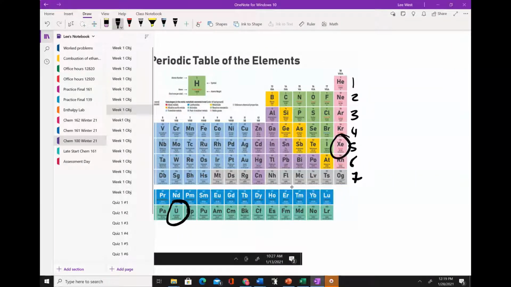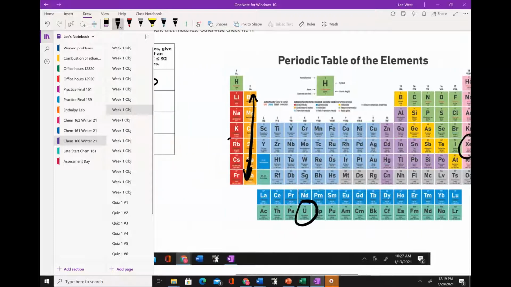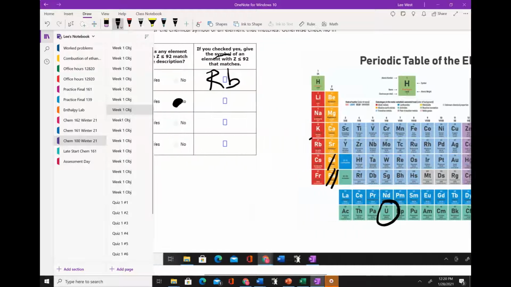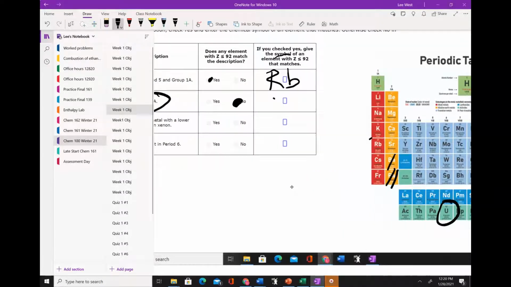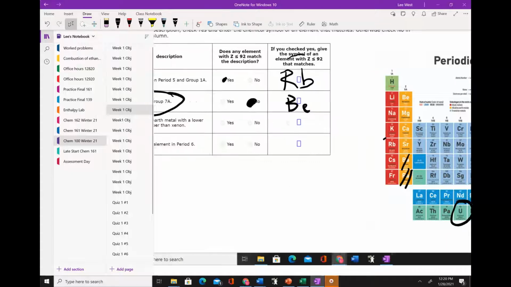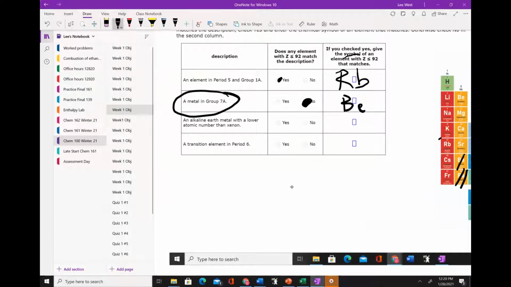So xenon has atomic number 54. So anything that's got an atomic number less than 54, we're good to go. So we could have strontium, calcium, magnesium, or beryllium, but we can't have barium or radium. So any of those guys will work. Let's just pick the one at the top of the list there, Be. Okay. Oh, sorry, wrong spot, Be.